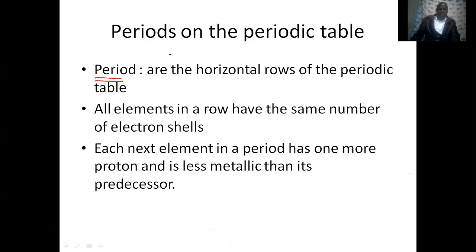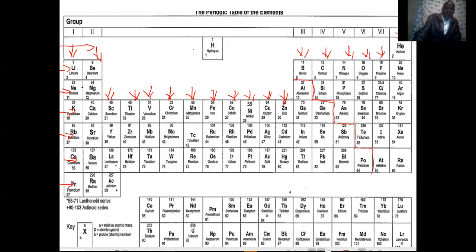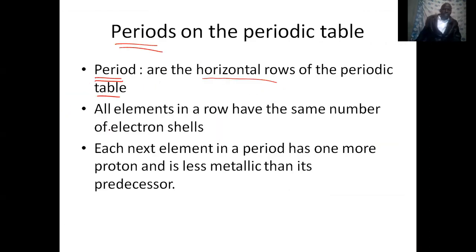Well, now let's look at the period. As we indicated earlier, the periods are the horizontal rows on the periodic table, and there are 7 of them. Elements in a period are arranged according to the same number of electron shells, meaning that all elements in a row have the same number of electron shells.